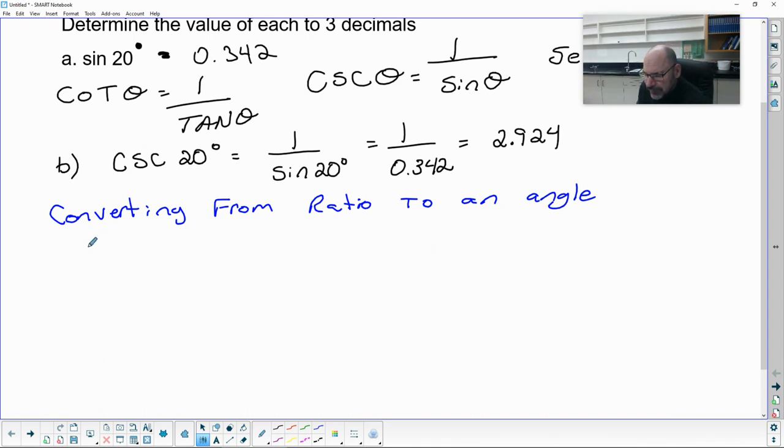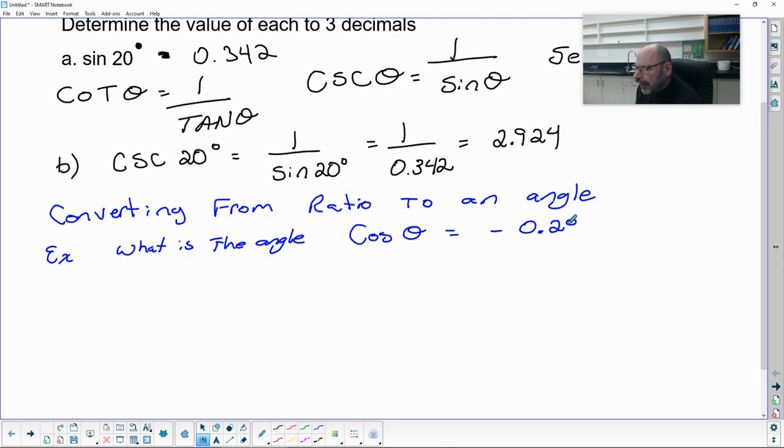What is the angle? We'll do a degree one, let's say cosine theta equals negative 0.285.